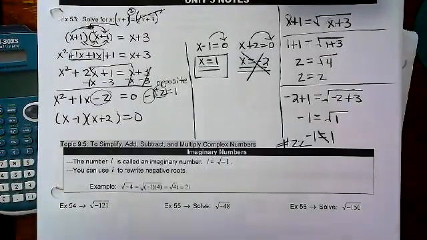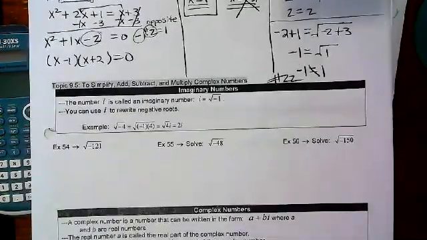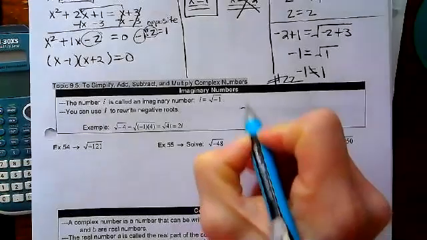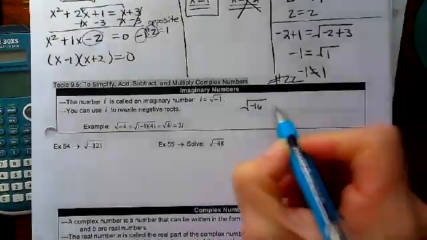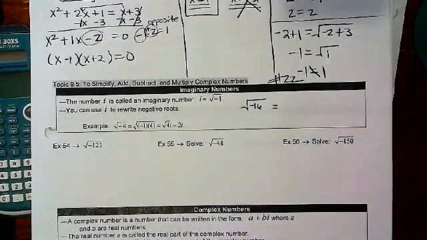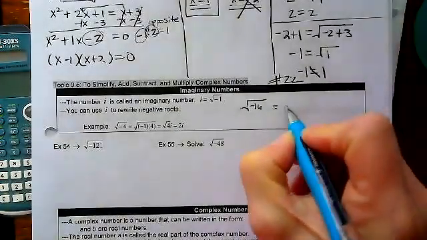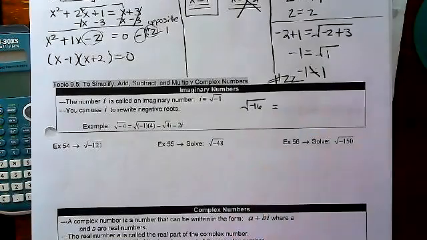In previous lessons, we were always simplifying radicals that were positive numbers. We learned in our first video of this unit that if you're taking the square root of -16, for instance, that's not a real number, because there's no way, like the square root of 16 would be 4, right?